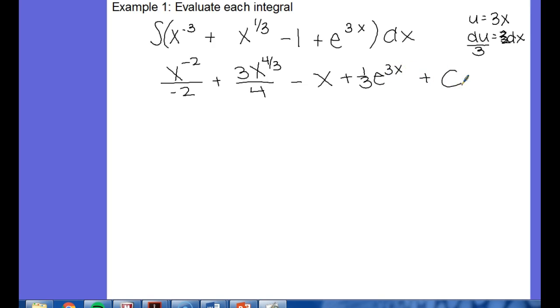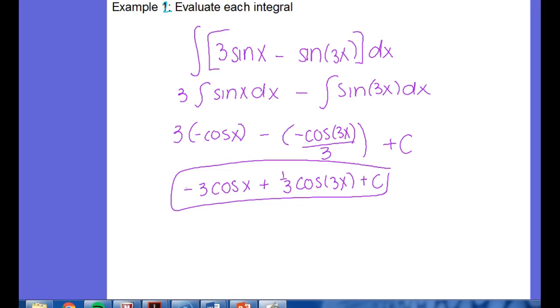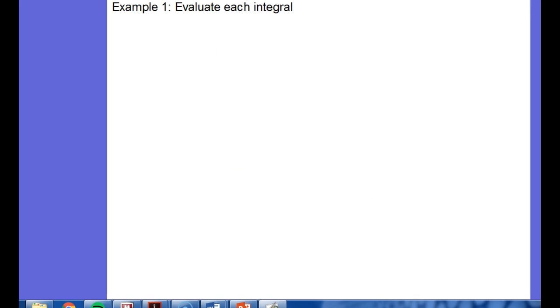And there are no bounds, therefore plus c. That's it. So that is evaluating the integrals when there are no bounds. We'll get to more complicated, don't worry.